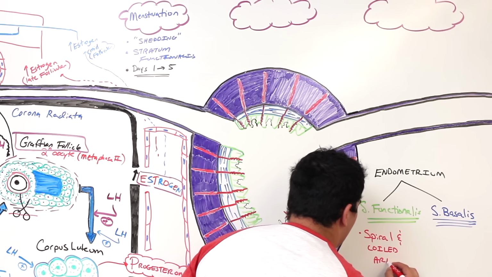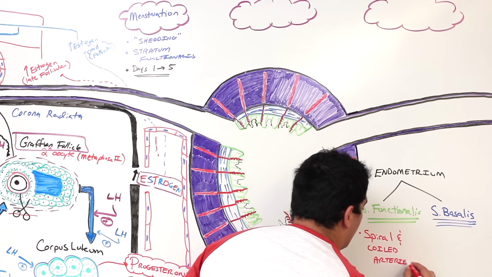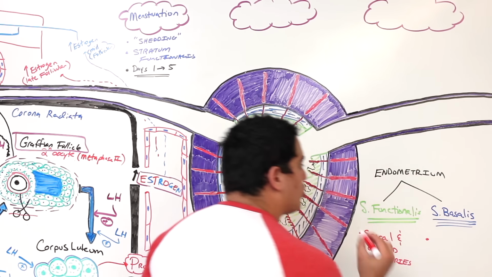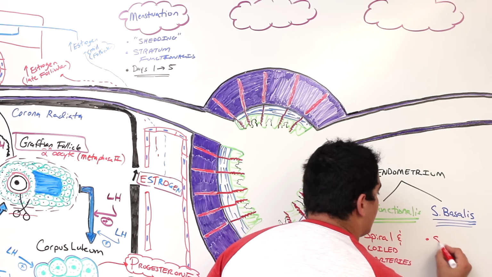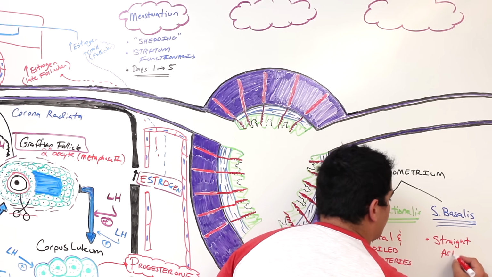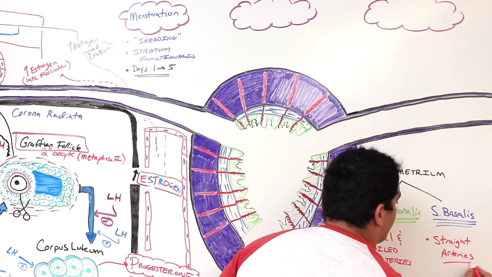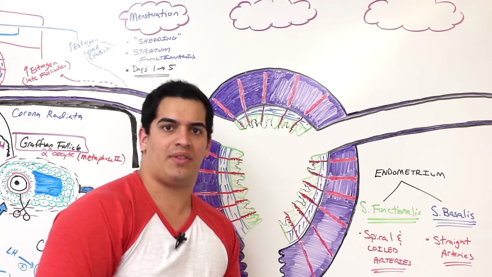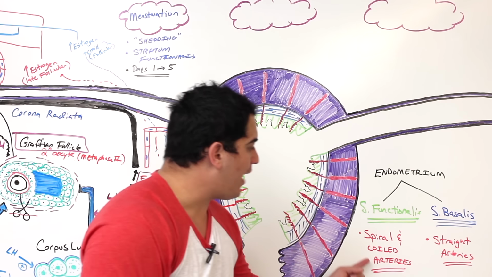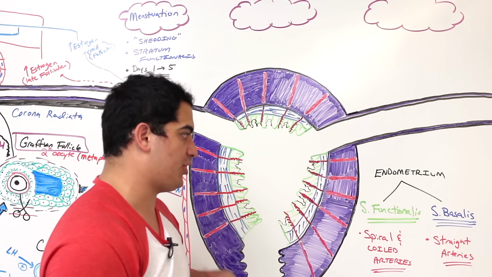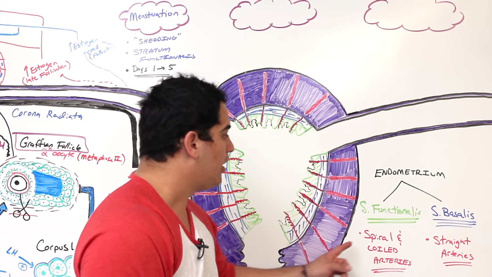I know it might seem insignificant, but it is extremely important that we differentiate this. The stratum basalis consists of straight arteries. Specifically, these are branches of the uterine artery, which comes off the internal iliac artery.